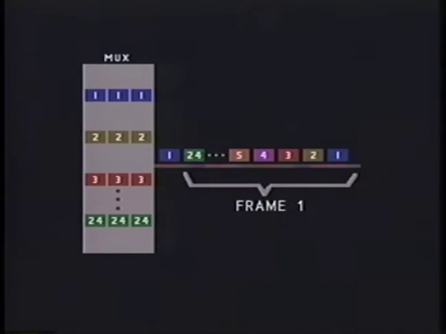For example, if the multiplexer handles 24 line cards, the first 8 bits of the frame are reserved for line card 1's block. The next 8 bits are for line card 2, and so forth. After the 24th block, a new frame begins. The signal from Gary's phone always occupies block position 1 in the frame. When Gary's phone isn't in use, block position 1 is set to be idle.